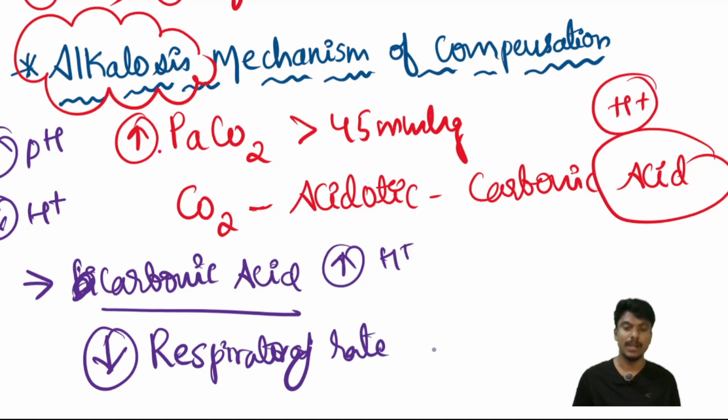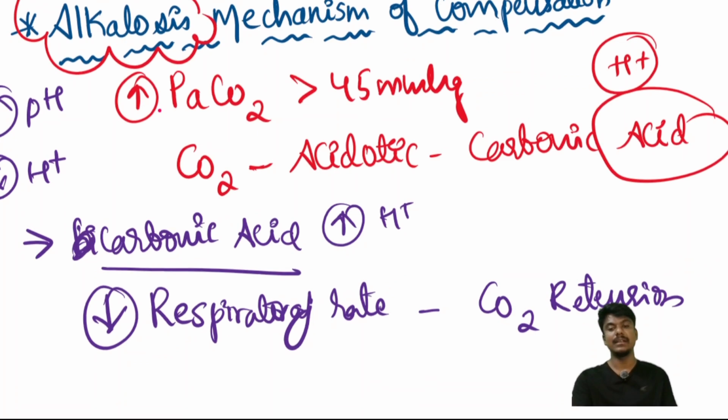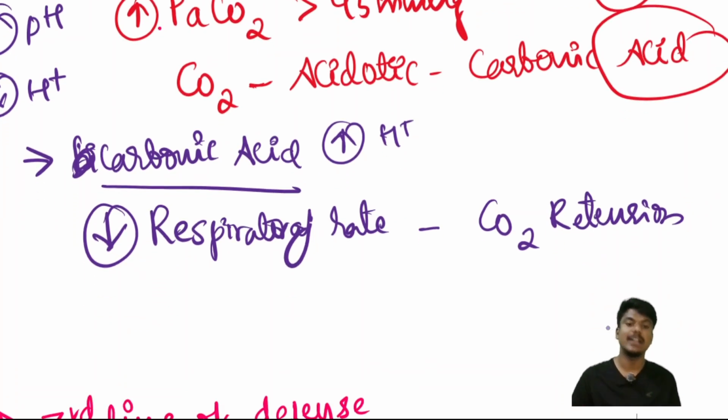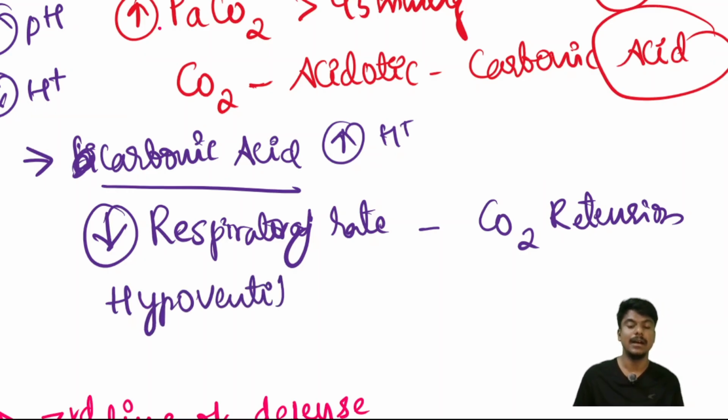We want the respiratory rate to come down, which means we want CO2 retention. We want CO2 to be retained inside the lungs. To make CO2 retention, we'll reduce the respiratory rate. So there will be hypoventilation, and there will be a reduced depth.